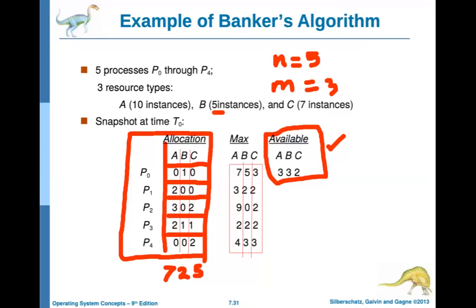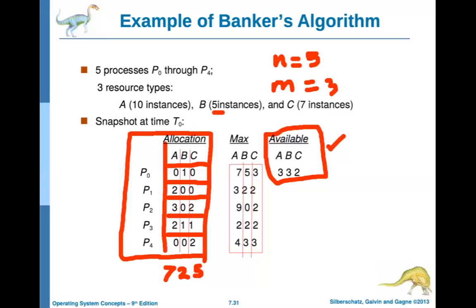So now given Max and Allocation, we can simply calculate the Need matrix of P0. How? For example, if I want to write the Need matrix, maybe it is calculated on the next slide also, but it's a very simple thing: 7 minus 0. So 7 instances of A are required for P0.